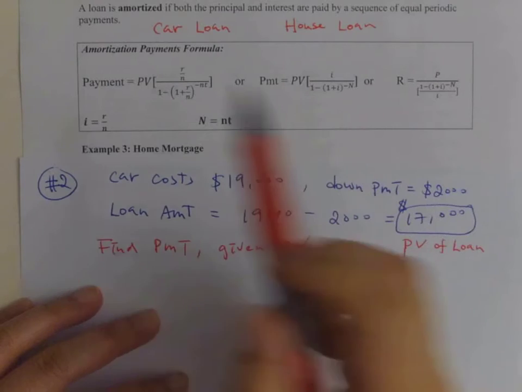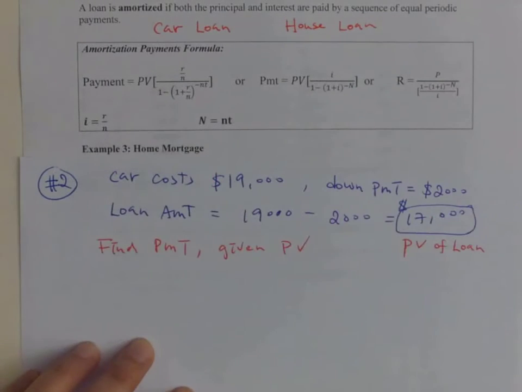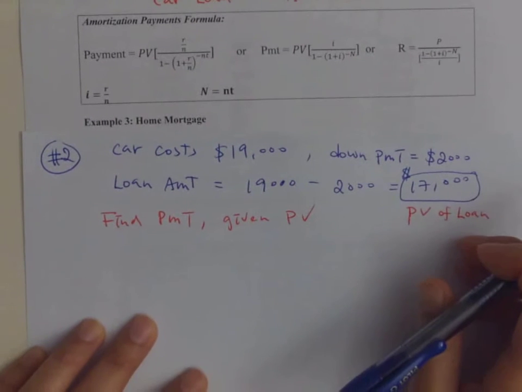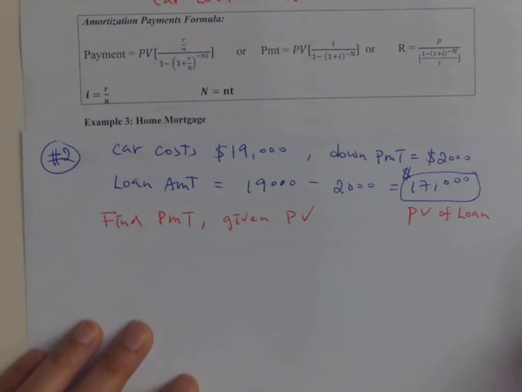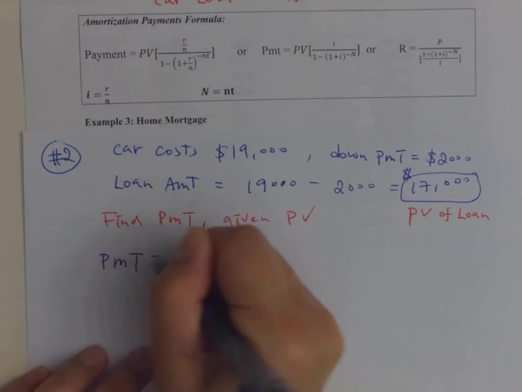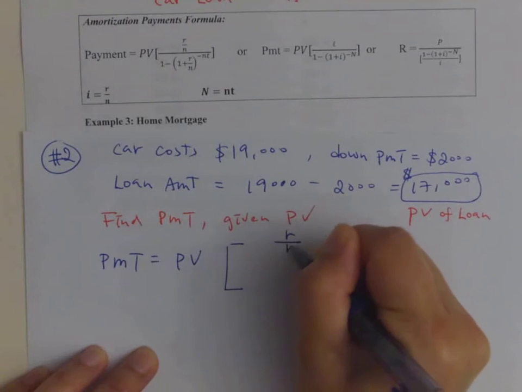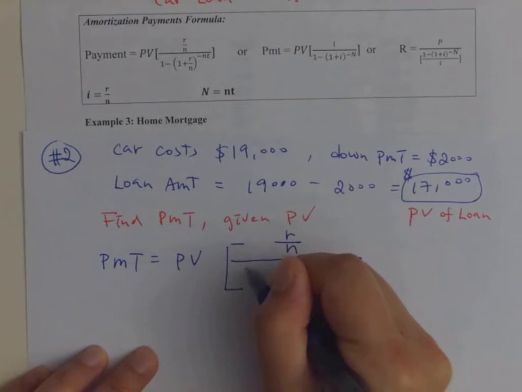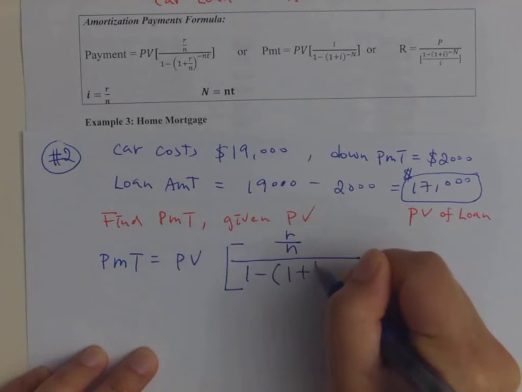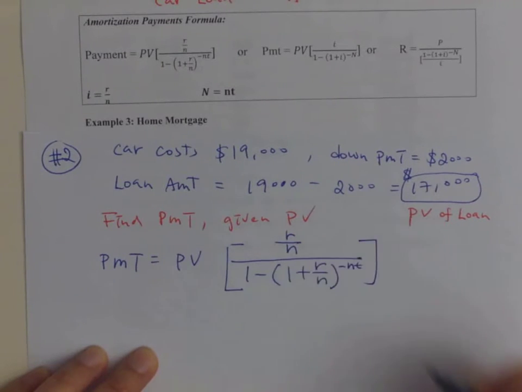So when I need to find payments and I know the present value, I can use this formula, right? So I'm going to write down the formula for you. Payment equals present value times R over N, over 1 minus (1 plus R over N) to the negative NT.